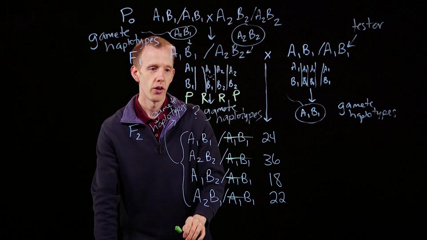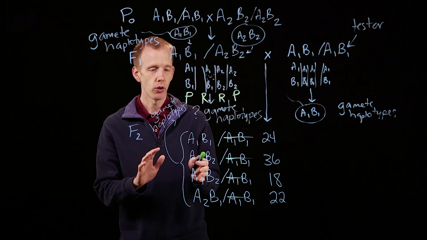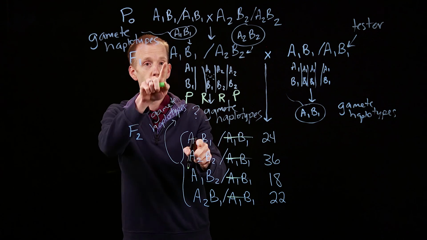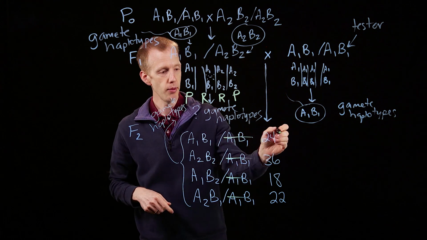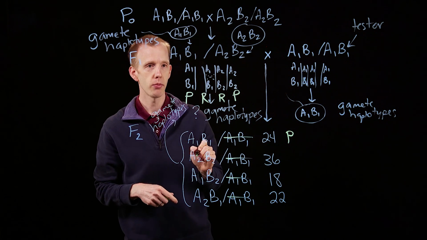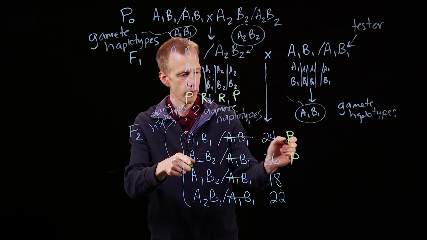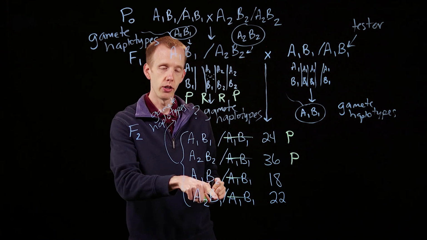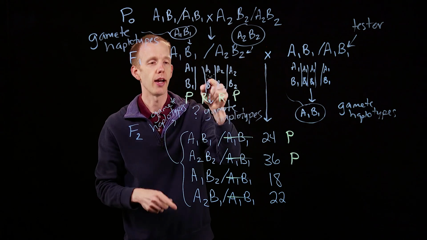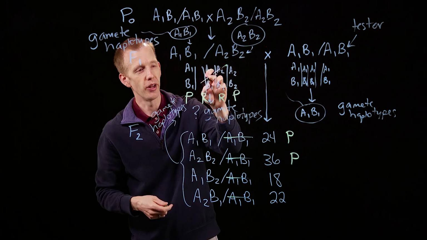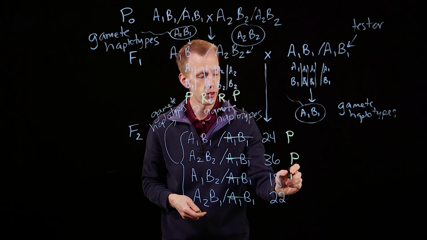Now, parent types, parental or recombinant. A1 with B1 is a parental type, so we had 24 parental types. A2B2 is the other parental type. And A1 with B2 and A2 with B1 were the recombinant types, if recombination occurs between those two genes.